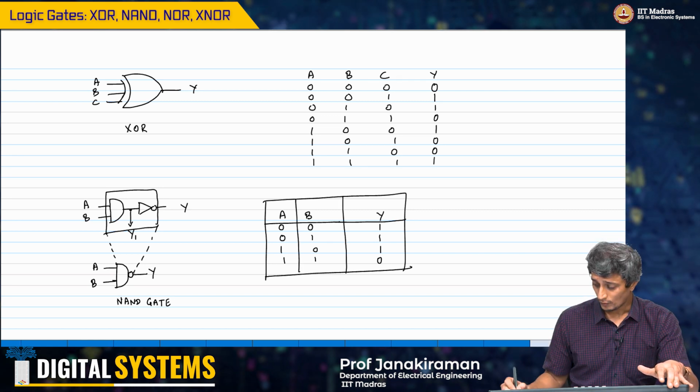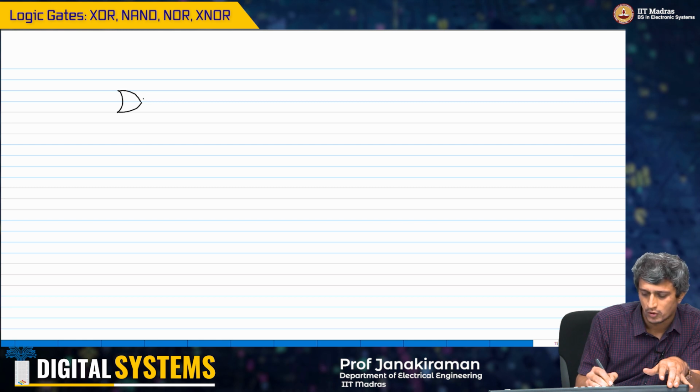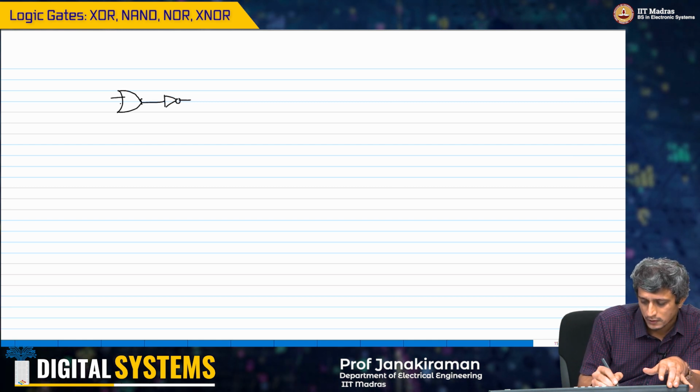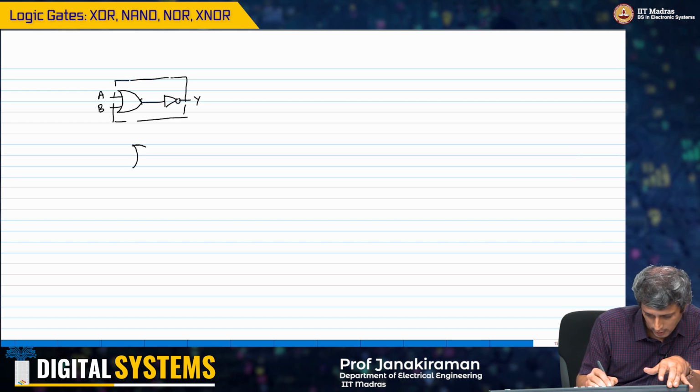Okay. Likewise, I could also take my OR gate and feed it through an inverter. A, B and Y. And this combination is what we call a NOR gate.